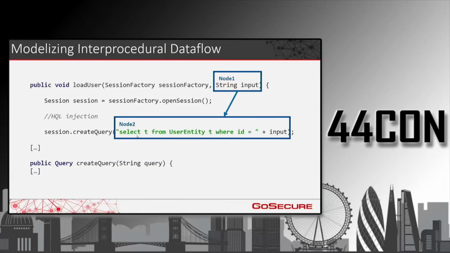It could be a method that returns a value or a parameter, as in this case. We also need to create another node that will cover the specific API that was vulnerable. This is needed to be able to later search on our graph model.